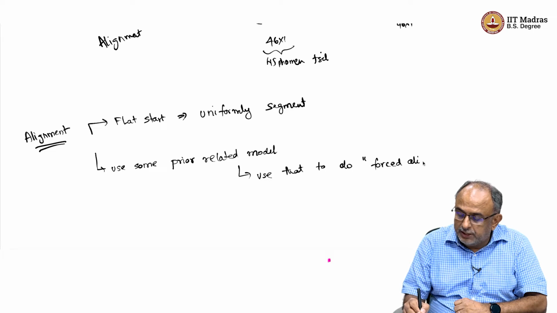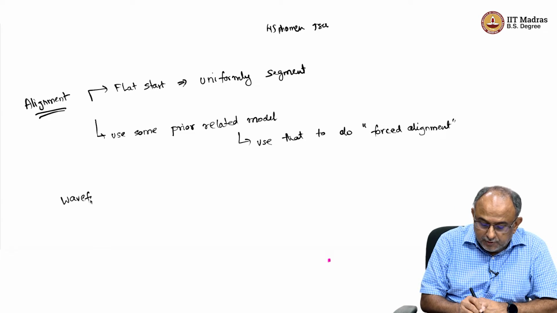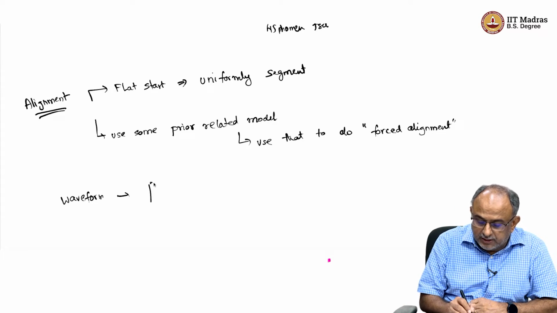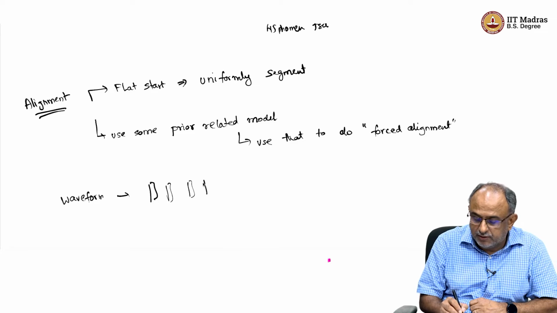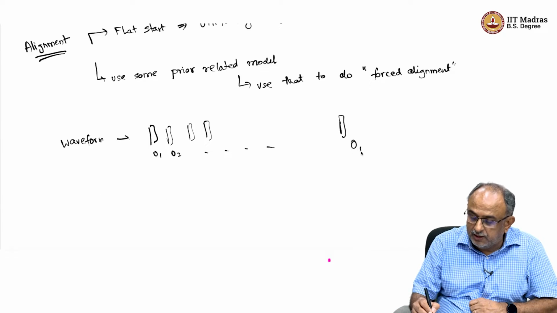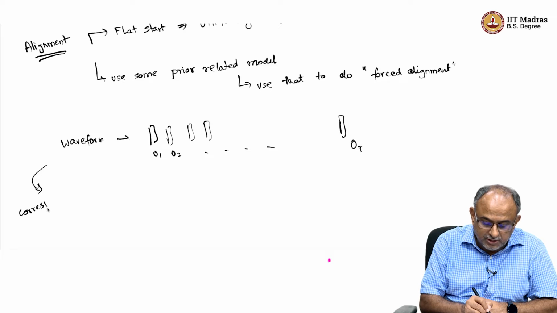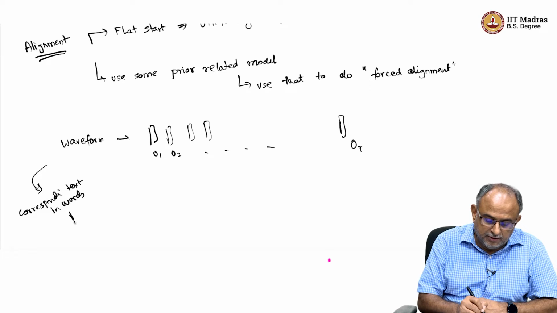What is forced alignment? So, I have the waveform and from that I get the MFCC vectors, O something, O capital T. Then I have the corresponding text in words. This is passed through a lexicon.